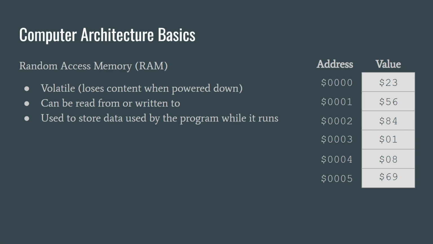Each byte inside of the RAM has an address, and each address will store 1 byte of data. So you can see here at address 0, we have the value hex 23. At address 1, we have the hex value 56, and so on and so forth. So it's just a big area of data storage that can be written to.